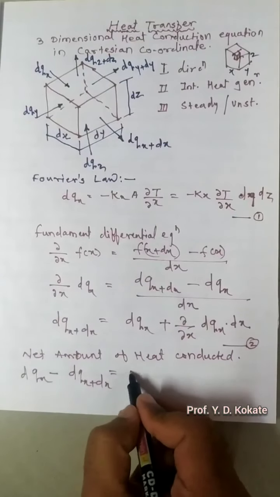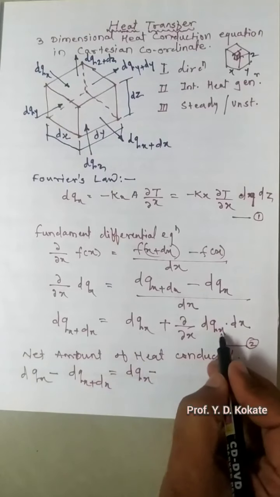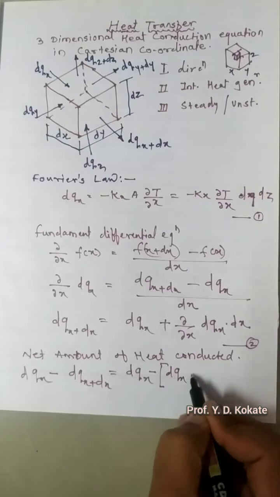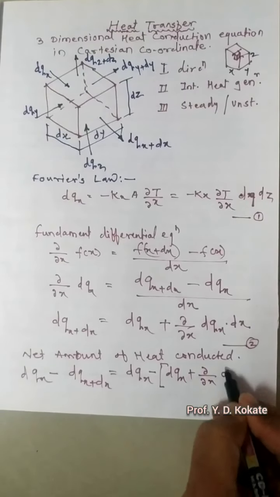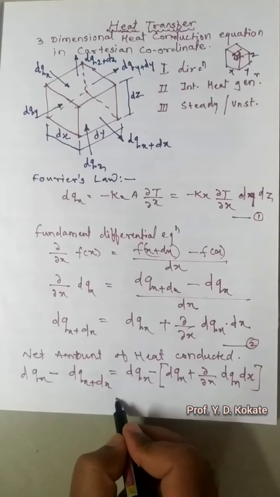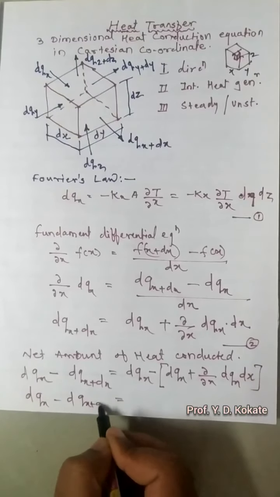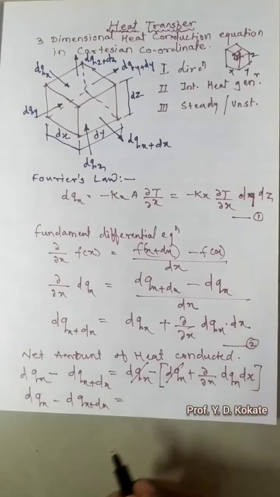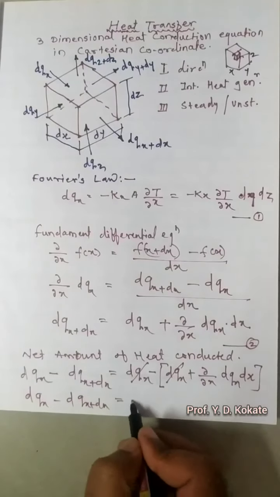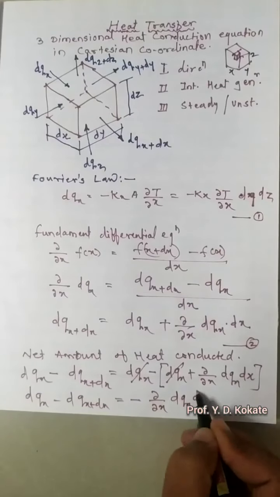What is the value of dqx? As it is. Minus, what is the value of dqx plus dx? We find it in equation number 2: dqx plus ∂/∂x of dqx dx. The dqx and dqx get cancelled, and the minus sign goes inside the bracket. So I have minus ∂/∂x of dqx dx.